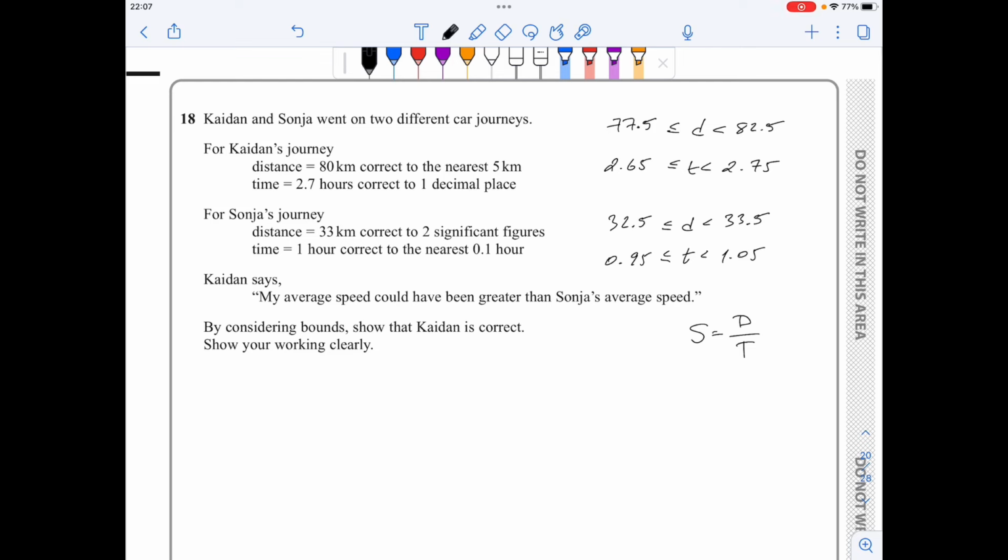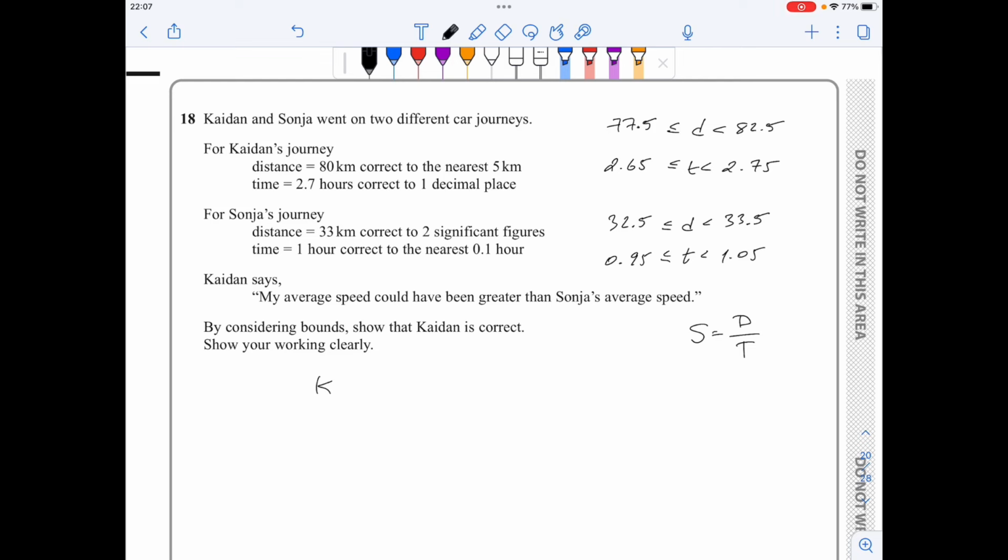to be correct, I'll need to find his upper bound and Sonia's lower bound, and if his upper bound is bigger than her lower bound, then Kaidan is correct.